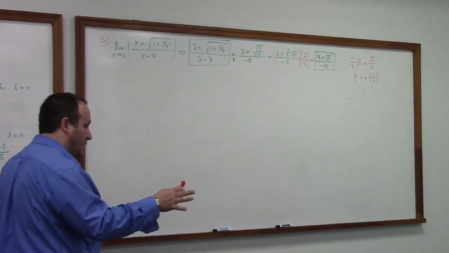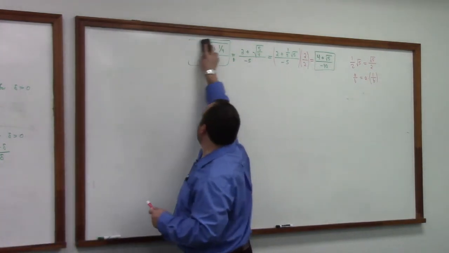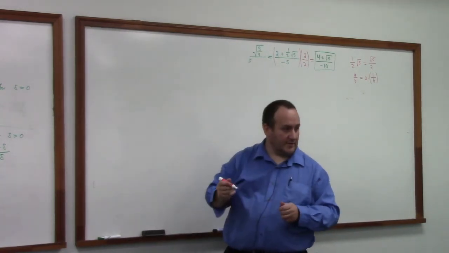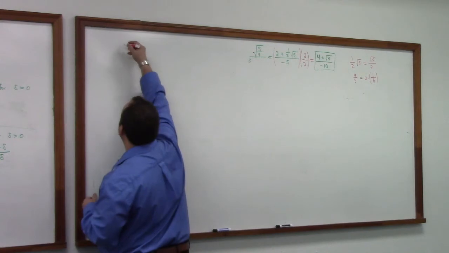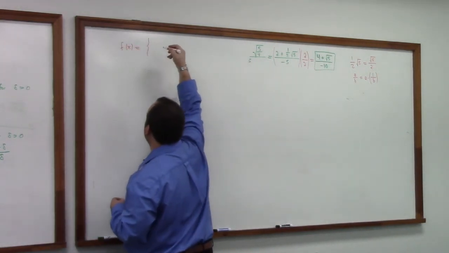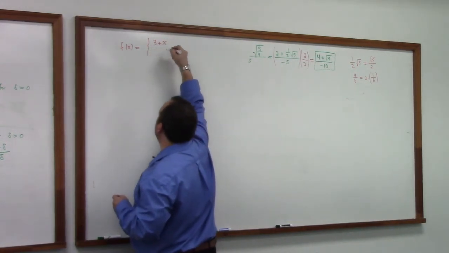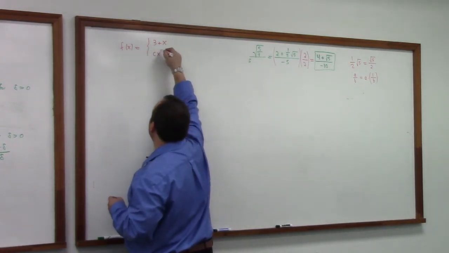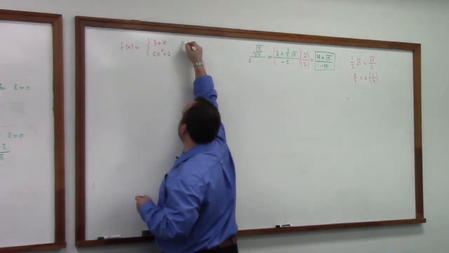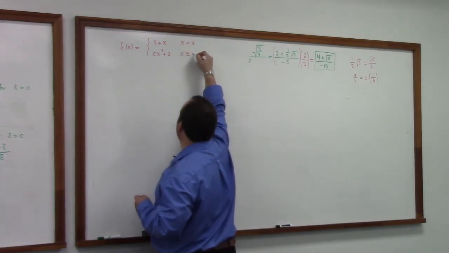Okay, so the other problem in the homework that I haven't done anything quite like in class yet was one that has a case-wise defined function, and I ask you to find a constant that makes the limit work. So I'm going to work something very much like that, but different. Suppose we had f of x equals 3 plus x for x less than 4, and c x cubed plus 2 for x greater than or equal to 4.